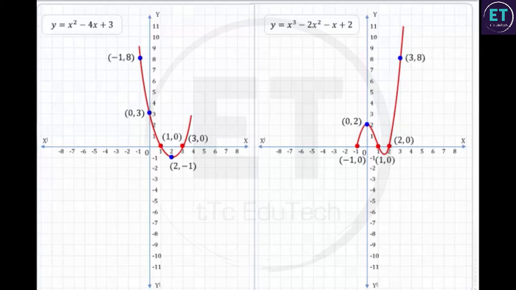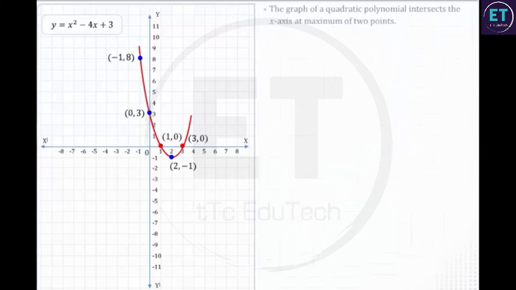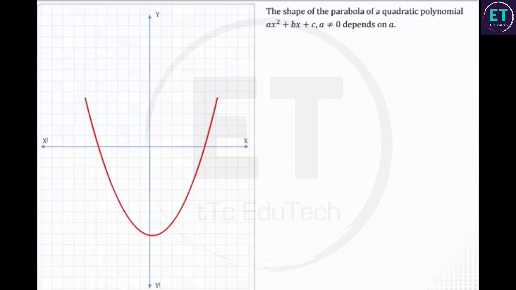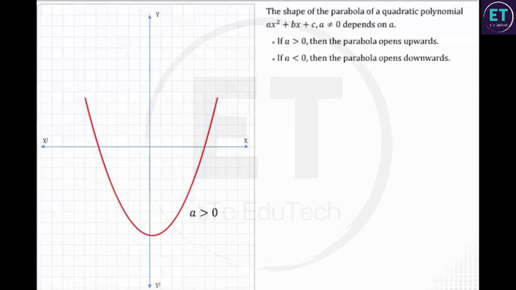Let's summarize the observations from the graphs. The graph of a quadratic polynomial intersects the x-axis at a maximum of 2 points. Therefore, a quadratic polynomial can have a maximum of 2 zeros: 1, 2, or no zeros. In case of a quadratic polynomial, the shape of the graph is a parabola. The shape of the parabola depends on the coefficient of x square. If a is greater than 0, then the parabola opens upwards. If a is less than 0, then the parabola opens downwards.